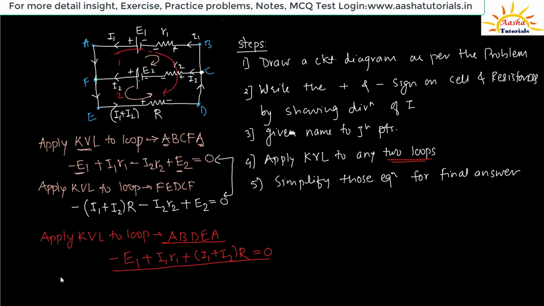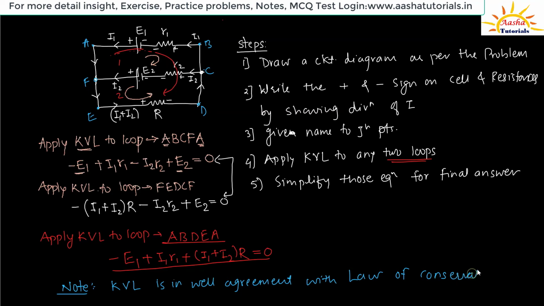Here note that Kirchhoff's law is in well agreement with the law of conservation of energy. Remember this, because the energy supplied by the cell is distributed over these resistances.